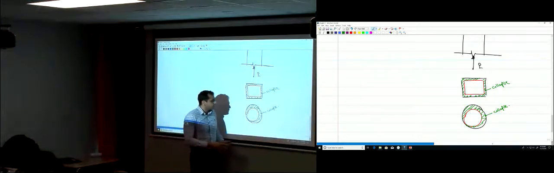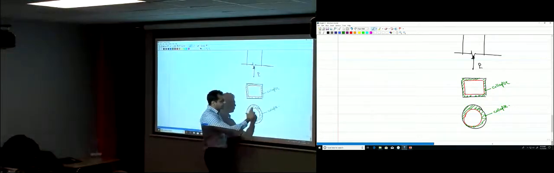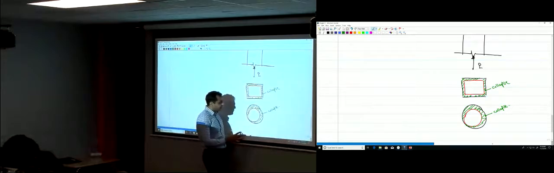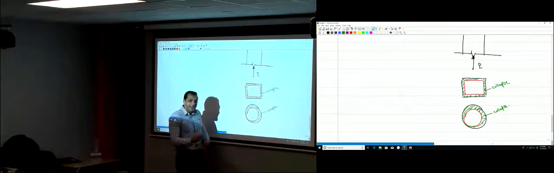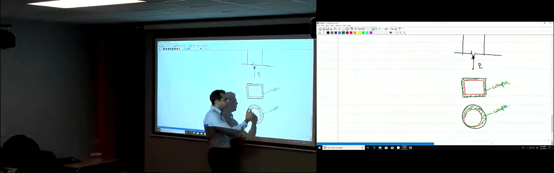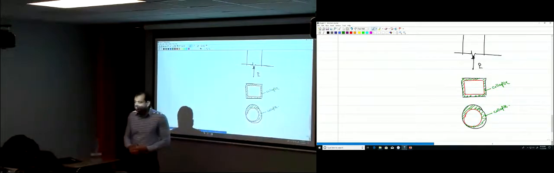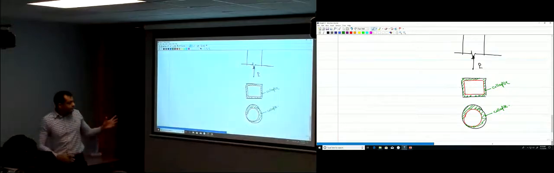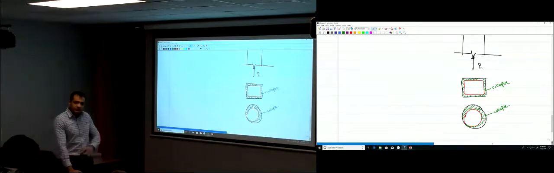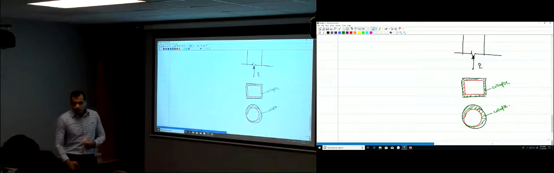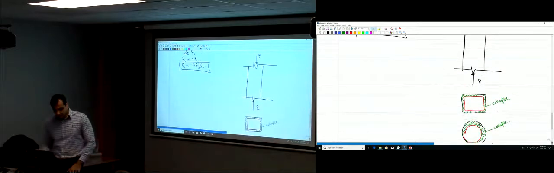So the ACI code wants you to design those spirals so that they provide an added strength to the core equal to the strength provided by that collapsed cover. So let's find how much was the force supported by that cover. We want the core now to be able to resist the force that was resisted by that cover. So how much is the force resisted by the cover?